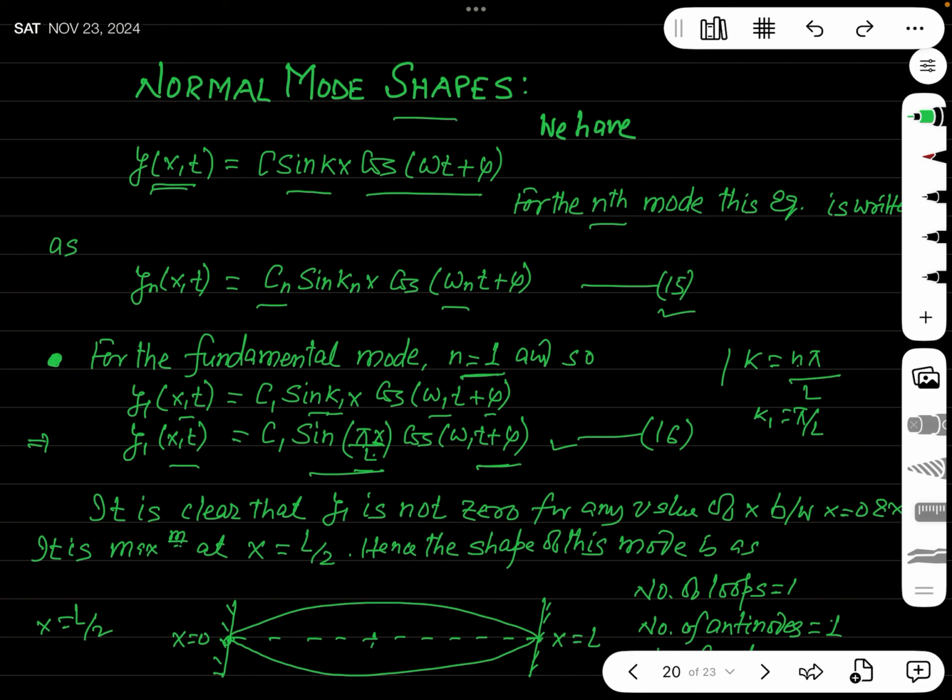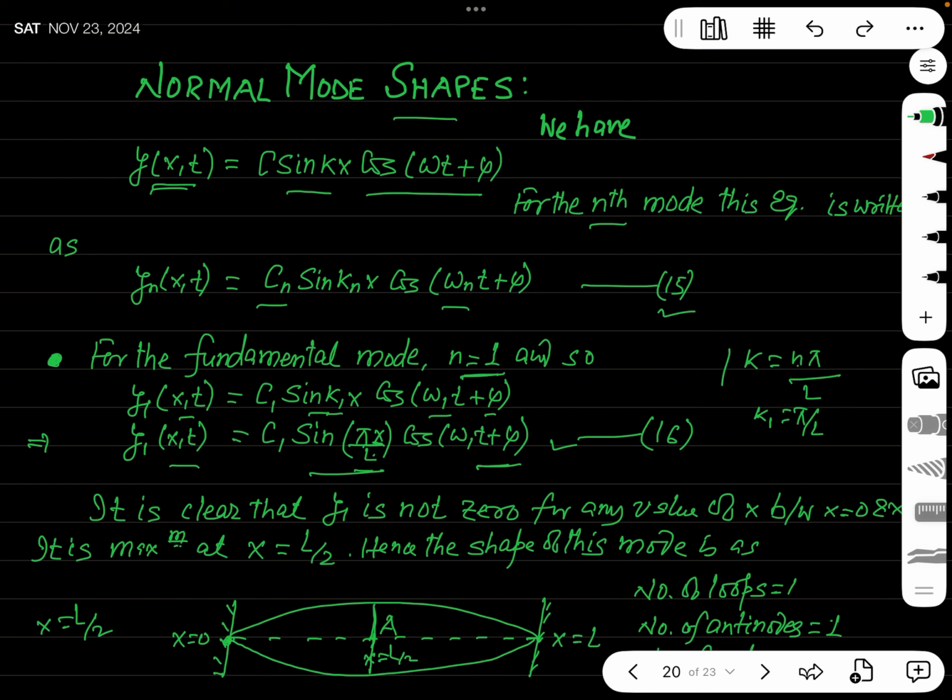So at this point where x is equal to L by 2, y is maximum. Actually this point is called an antinode, where the displacement is maximum.